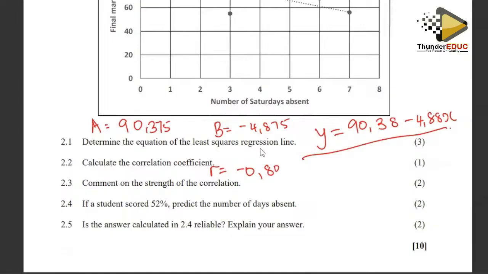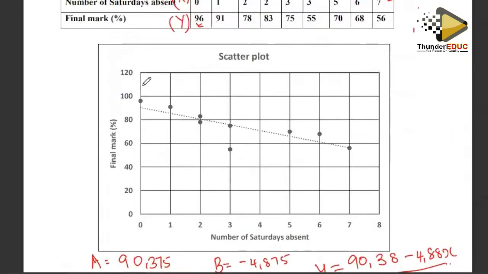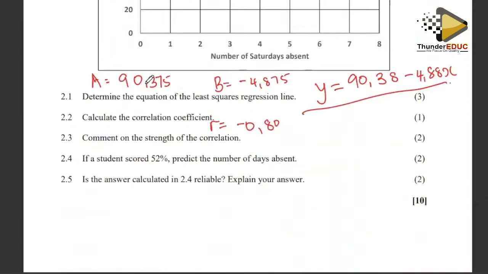We can add a 0 since we want everything rounded to decimals. Then comment on the strength. Whenever you're commenting on the strength, number one, you need to talk about whether it is weak, strong, or moderate. And then from there, we need to go on and talk about the direction.